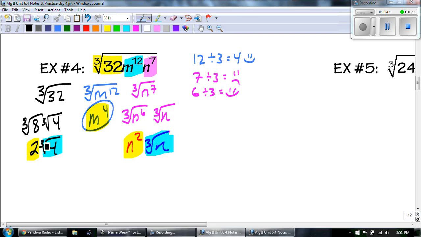This is supposed to be a 3 right there. So we have 2m to the 4th n squared, so I'm keeping track of everything outside. And then my remainder, what goes inside of here, is 4n, and that n should be pink. Okay?